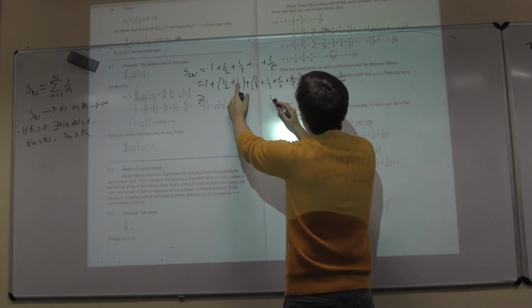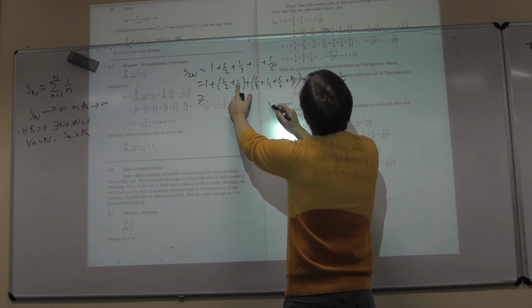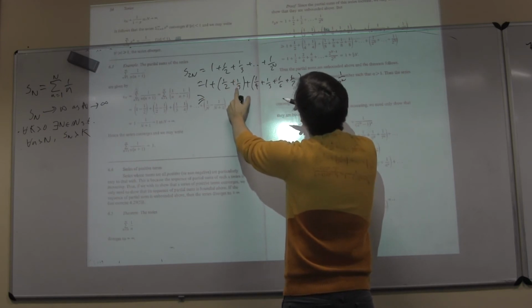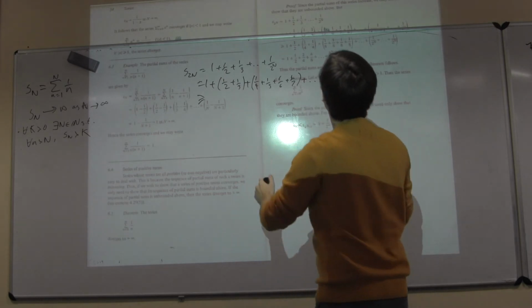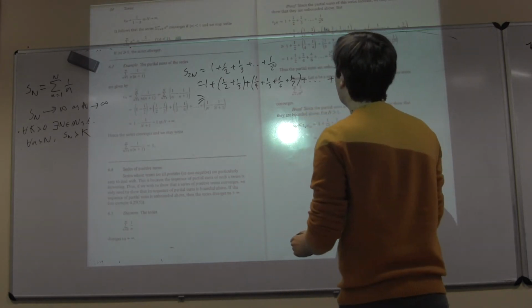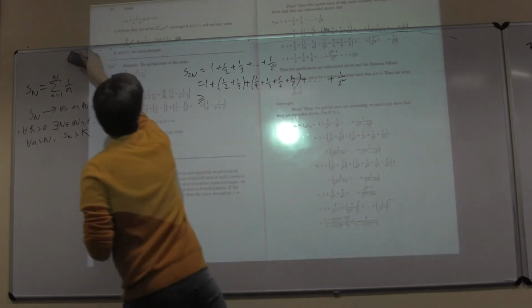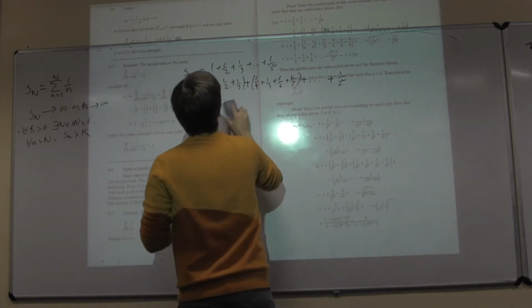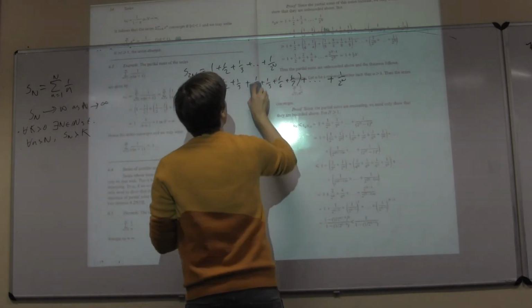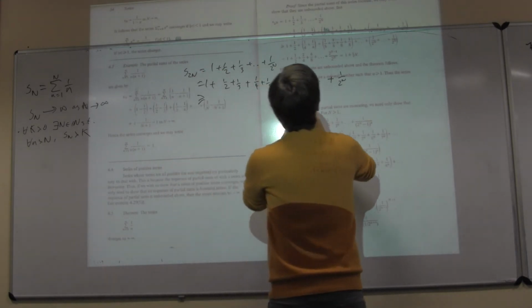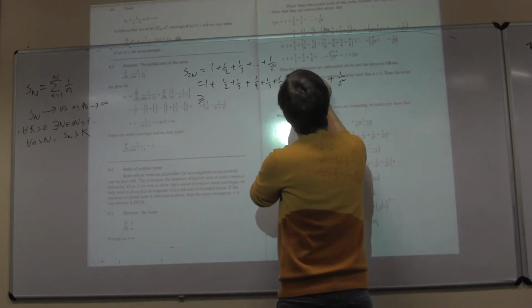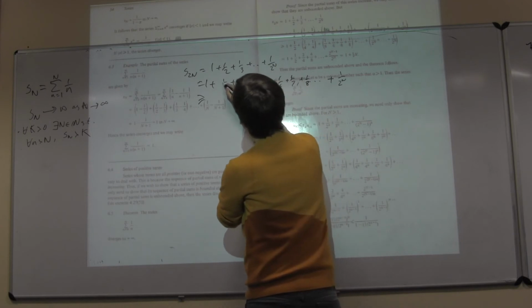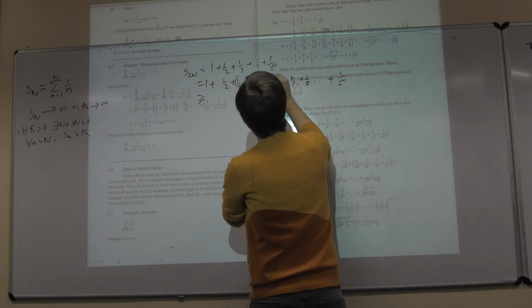I've not put the bracket in the right place. So 1 plus a half, then 1 over 3 plus 1 over 4, and 1 over 5 up to 1 over 8. Sorry, I want brackets around these 2 and then these 4.